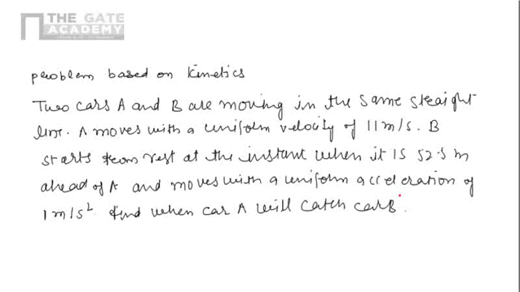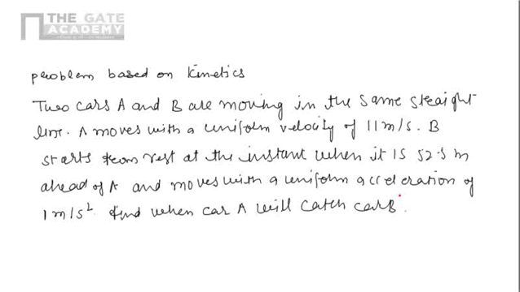Here they are given two cars A and B which are moving in the same straight line. A is moving with a uniform velocity of 11 meter per second and B is moving with a uniform acceleration of 1 meter per second square. B starts when A is 52.5 meter behind it.